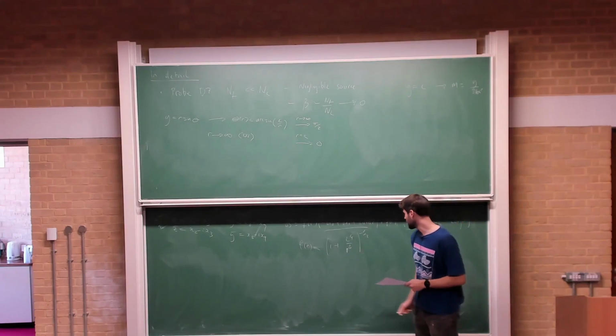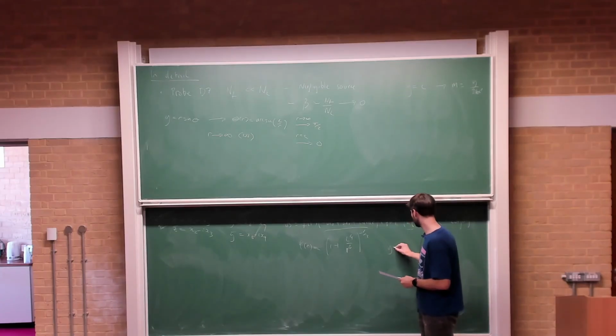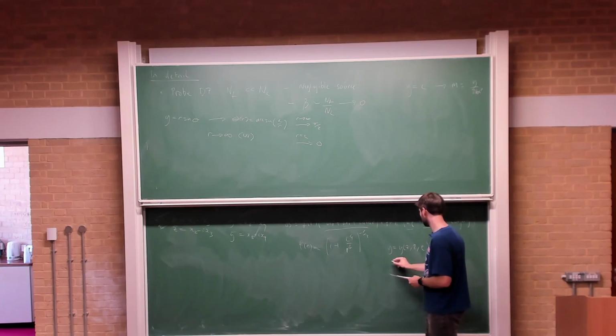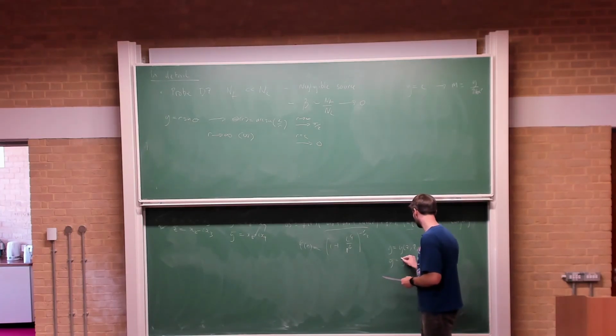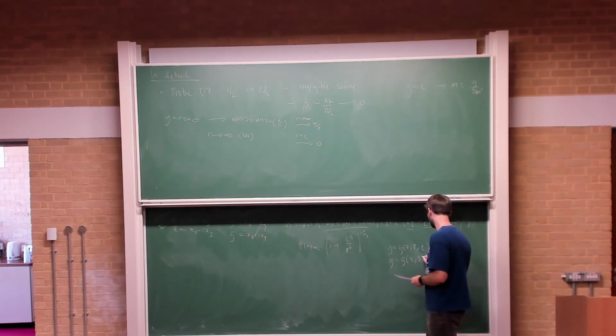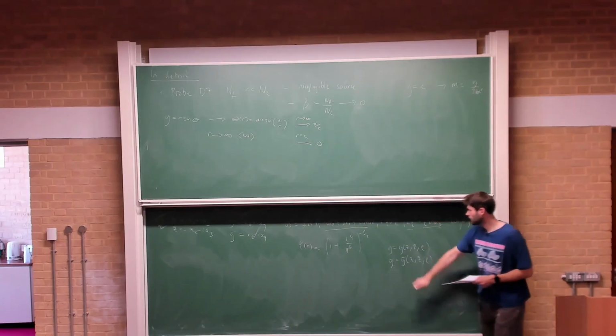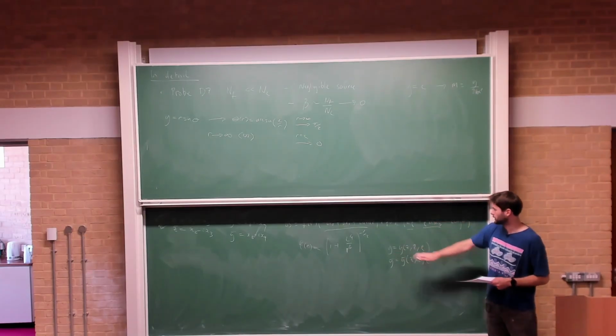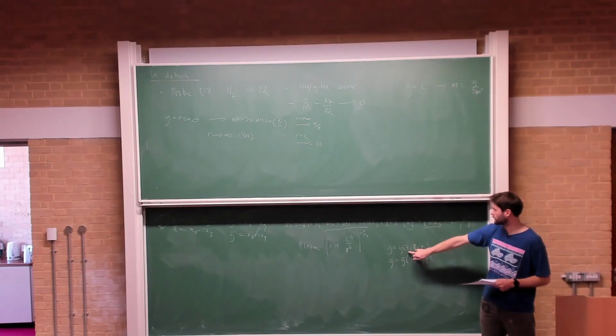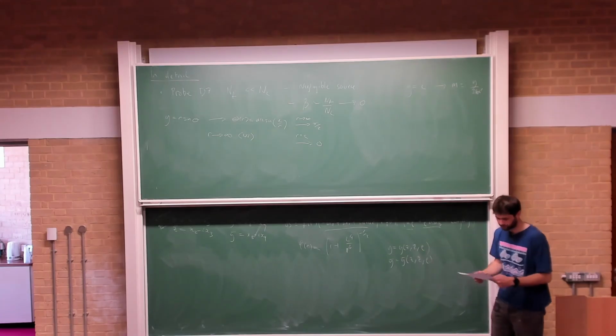And we'll make an ansatz that these transverse coordinates can depend on position, so both the complex variables and the radial direction.